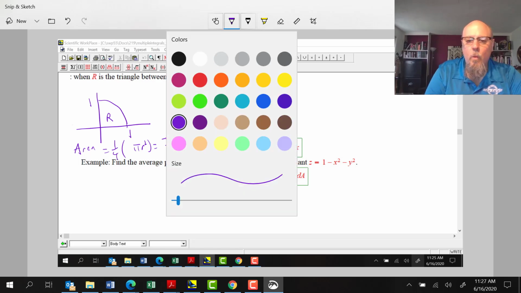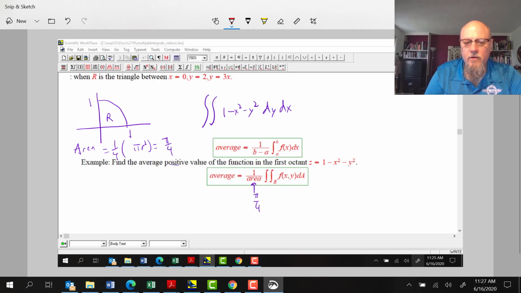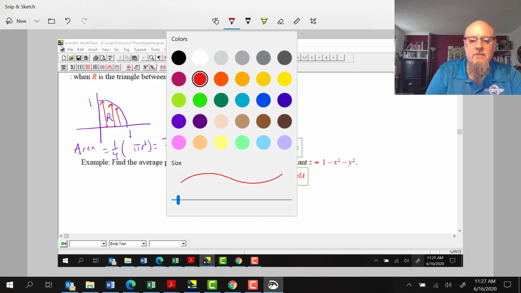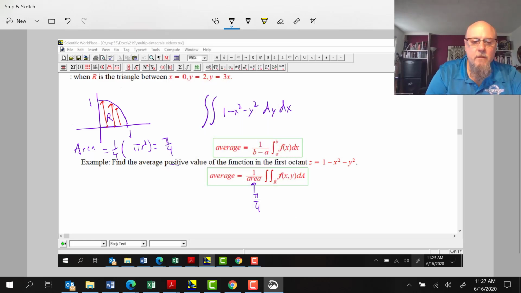Now if I'm doing y first, so I'm in the vertical, the y's are going to start on the curve y equals 0, and end on this curve. So I need to write this. That's the curve x squared plus y squared is equal to 1.